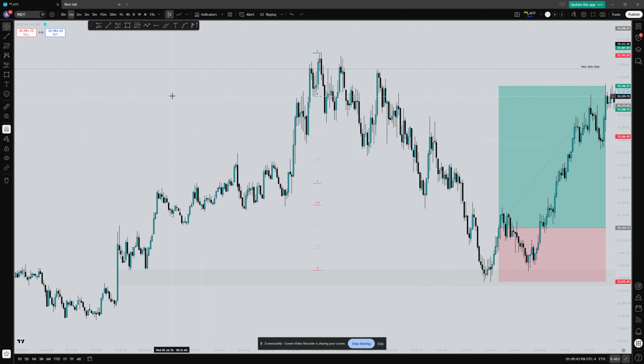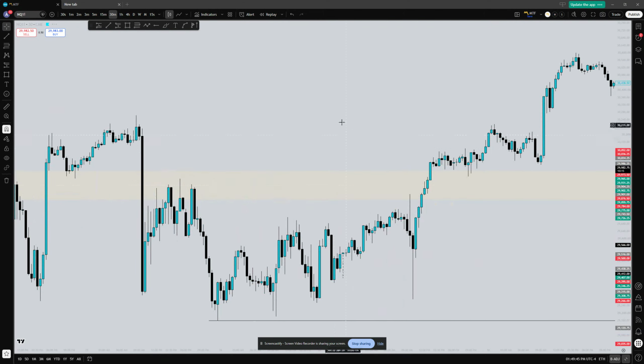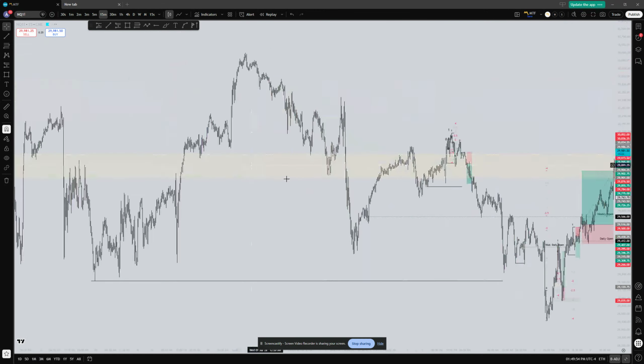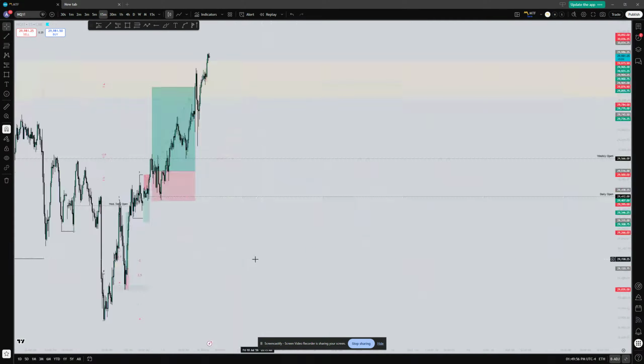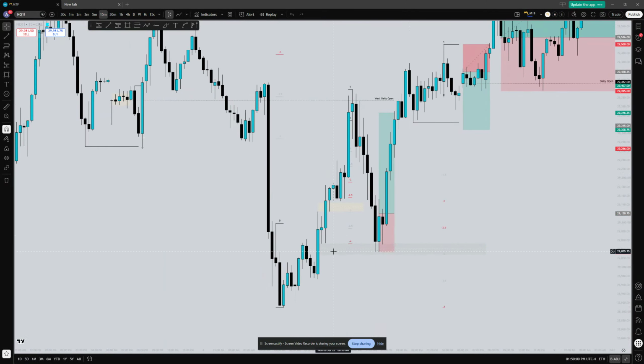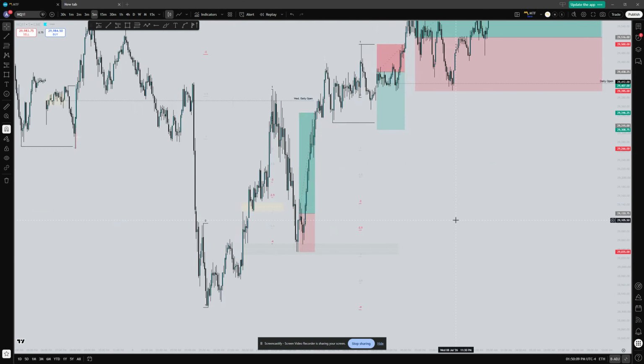I actually wanted to take longs off of this 30-minute gap right here, right? But once I marked out the manipulation swing, I was kind of thinking there is no significant projection in alignment with that first gap. So I think I have a better chance of just waiting for a reaction at the -4, which is perfectly aligned with the beginning of this 30-minute gap right here. And it's also a 15-minute gap as well. So that's exactly what I did.